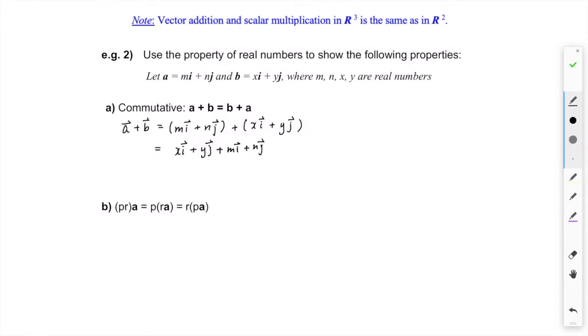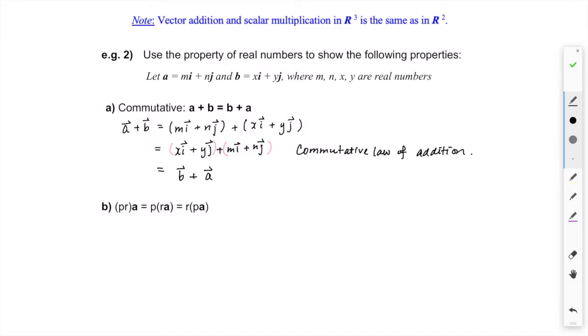So I'm switching the order of addition, and now if I group the terms together, I see that I have vector b plus vector a. Here we are using the commutative law of addition.